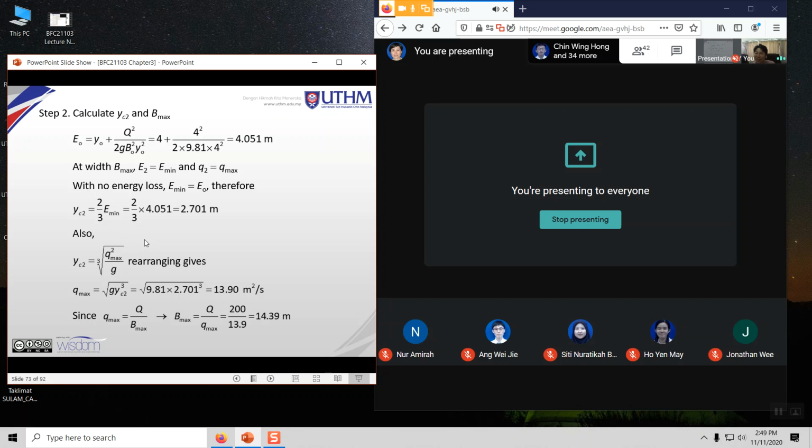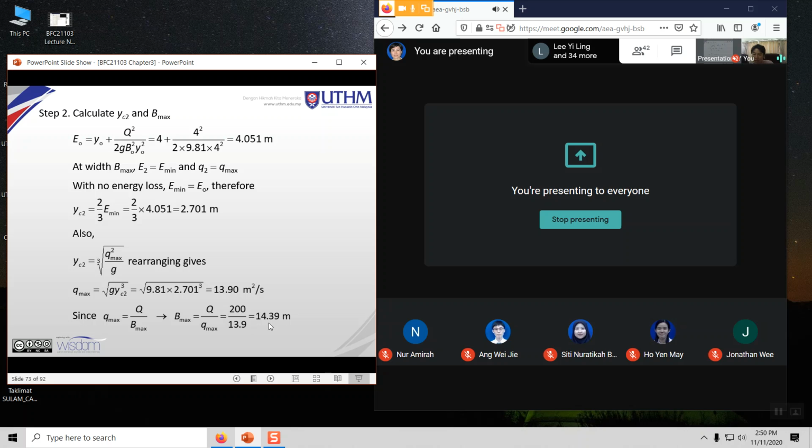Let's go back. Once we know our YC2, we can get our q max, where q max is the square root of g times y to the cubic power. Then q is equal to 13.9. Based on our q, since this is a rectangular section, B max is equal to Q over the discharge per unit width.